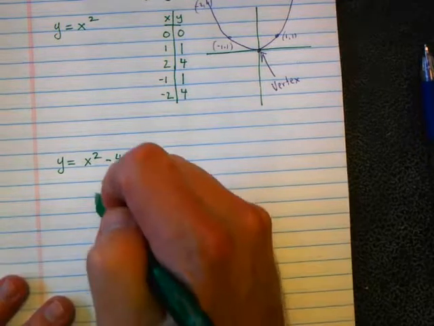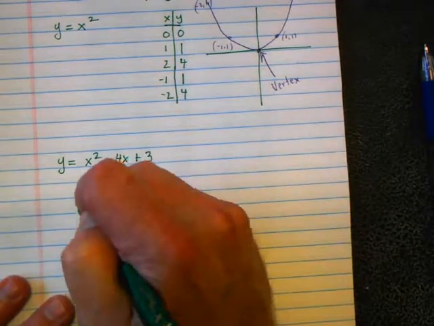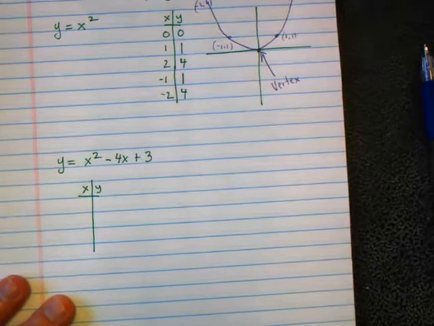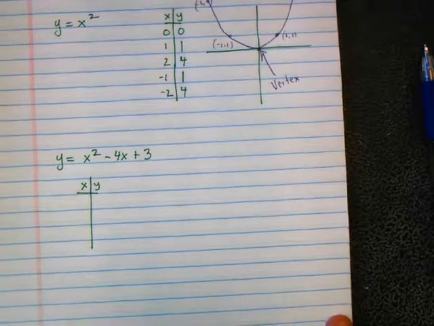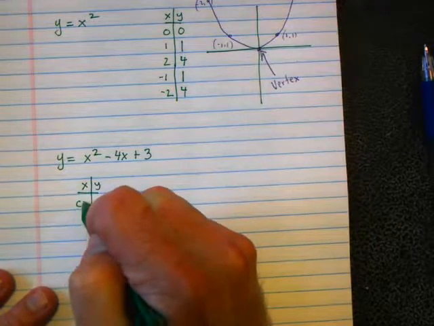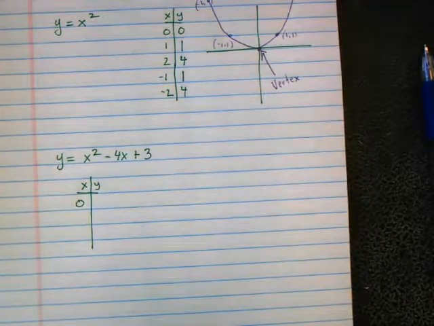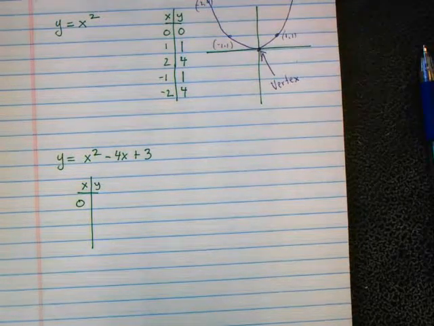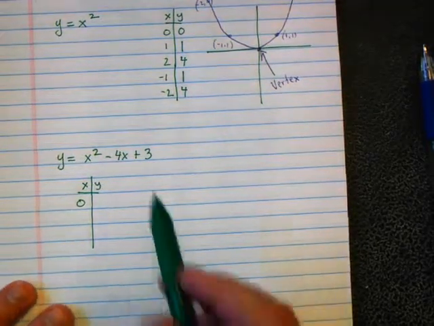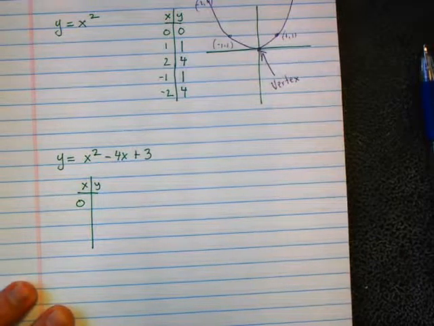We're going to build ourselves a table, and I'm going to plug my favorite number in the whole wide world in. What's my favorite number? 0, because it's always very, very easy to plug in. I plug in 0. When I plug in 0, y is 3.